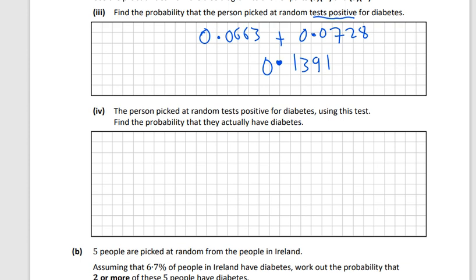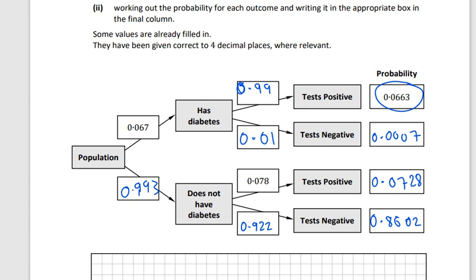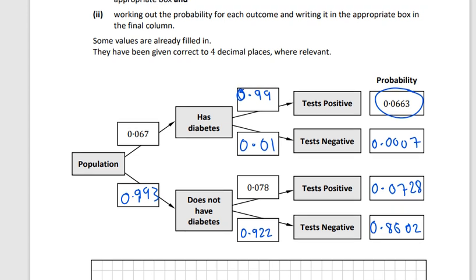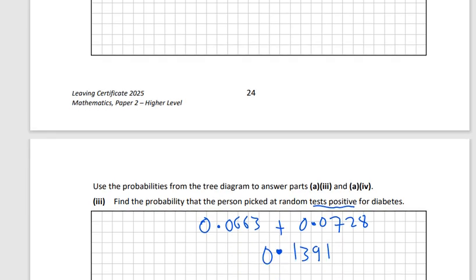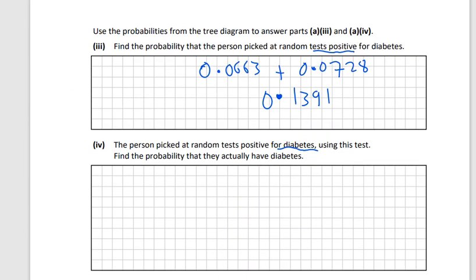A person picked at random tests positive for diabetes using this test. Find the probability that they actually have diabetes. Well, it's given that they test positive. So all of the people that test positive are on the bottom.